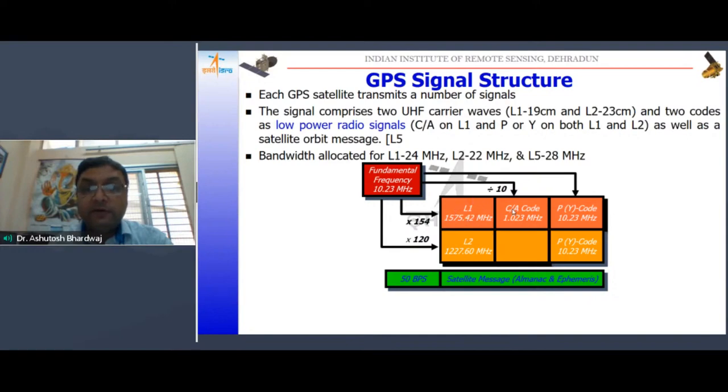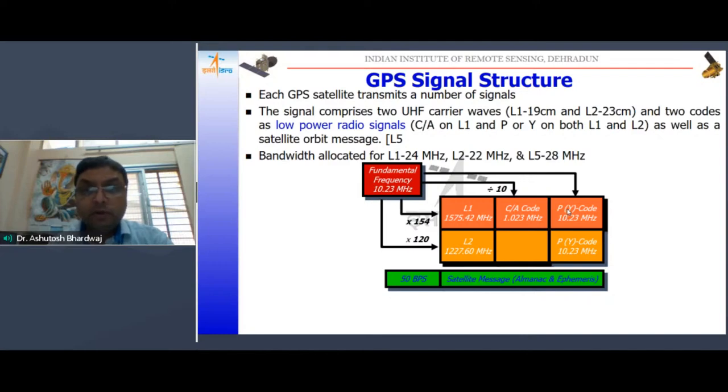L1 carried the coarse acquisition or clear access code, which is used for civilian services nowadays through the SPS standard positioning service. Your mobile, your handheld GPS devices, your car GPS chip are all based on the CA code, whereas the defense system uses the precise code, the Y code.